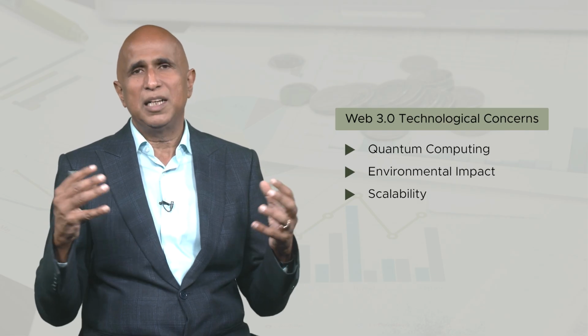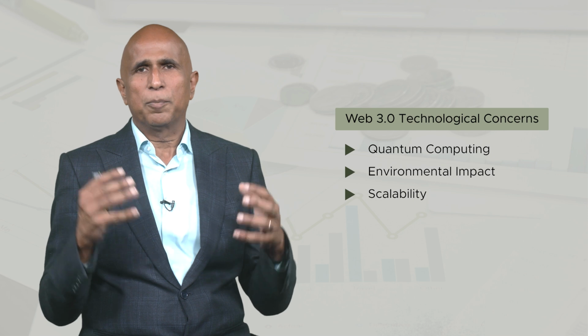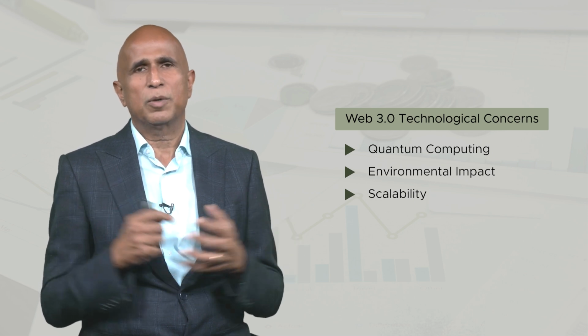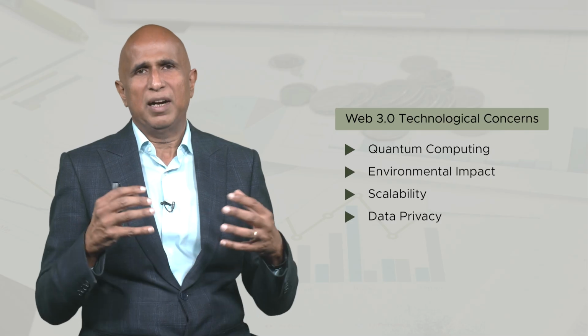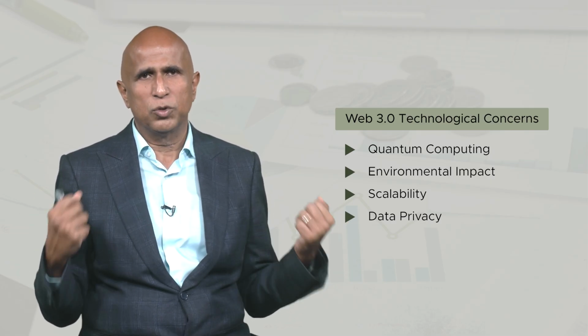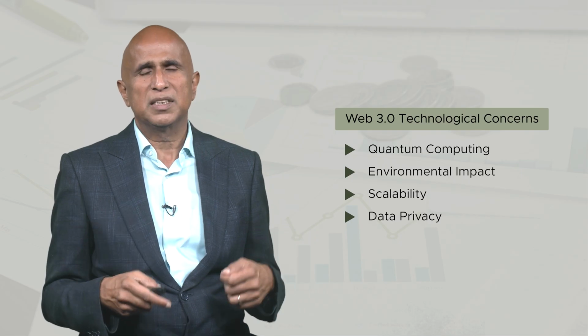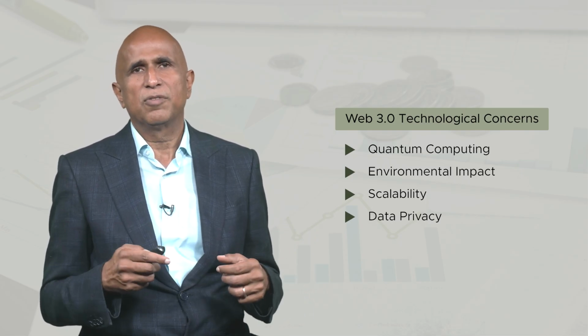And is that really possible, scalable with appropriate response times is a question that is being asked. Fourth concern is data privacy. While decentralization promises improved data control for the users, it also demands rigorous security protocols to safeguard the data from data breaches. So, we have seen various aspects of Web 3.0.